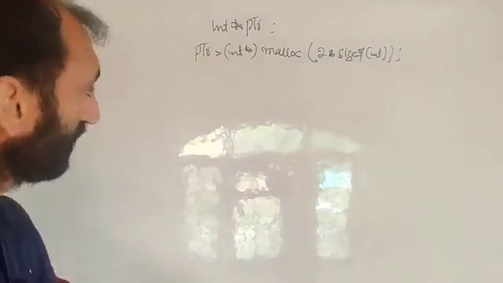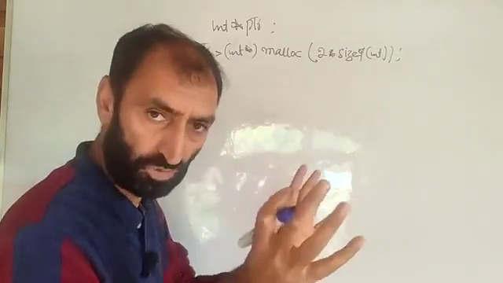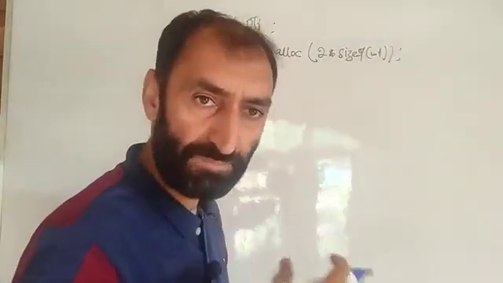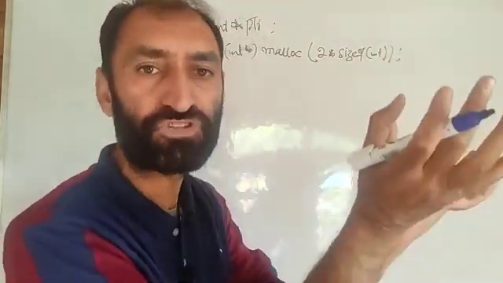What does this line do? This line will allocate the memory for two integers, for two elements of size integer. And obviously the memory is going to be allocated from the heap portion.